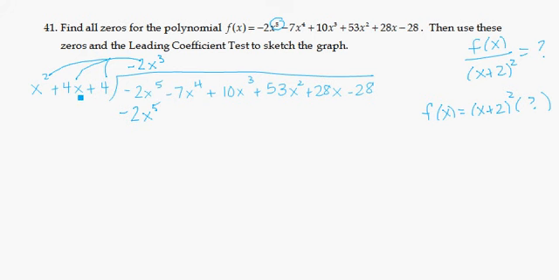So -2x cubed times 4x, sorry, x cubed times another x would be negative 8x to the 4th. Okay, sorry about that. And then I multiply negative 2x cubed times just 4. That's going to be negative 8x cubed. And so I'm lining up all of my like terms.